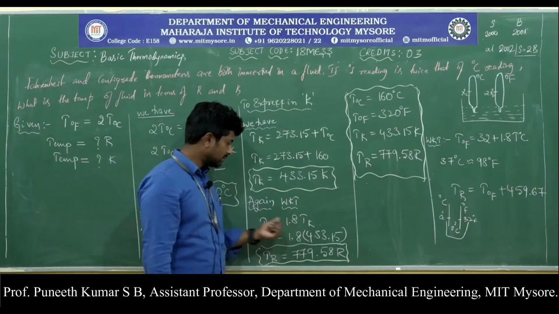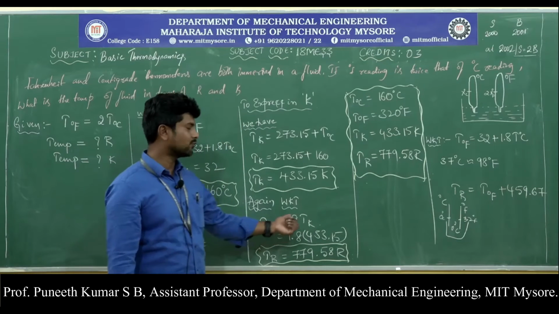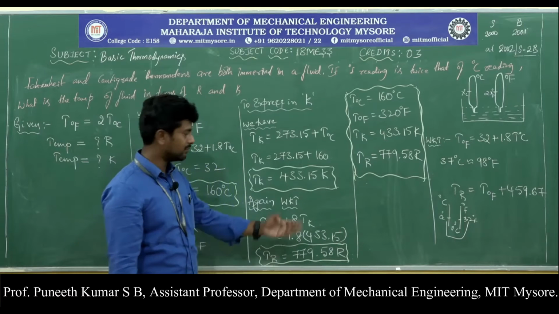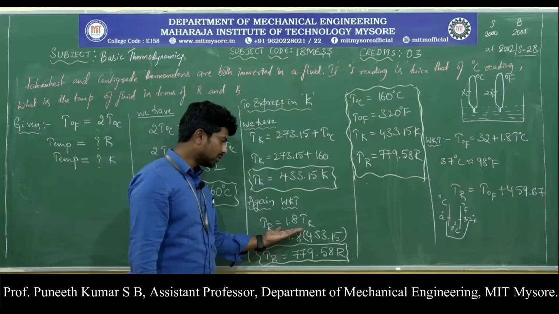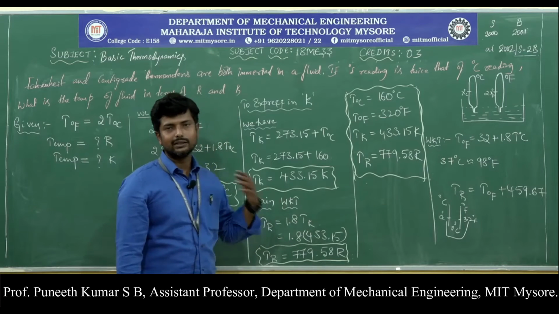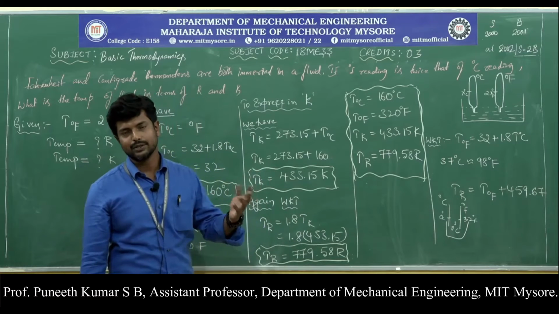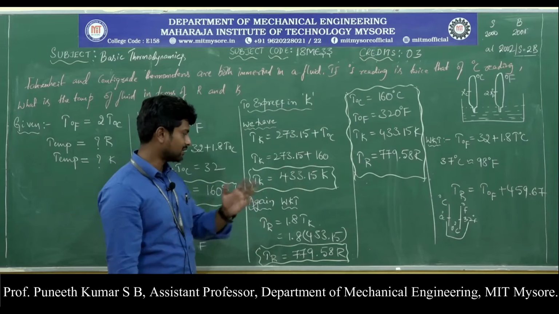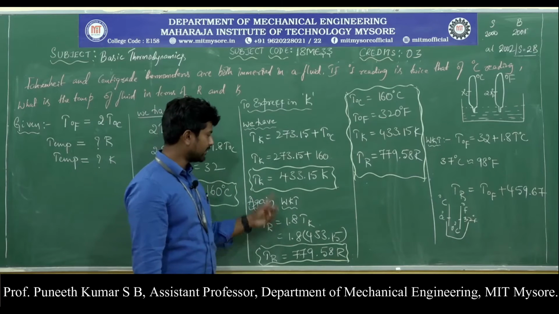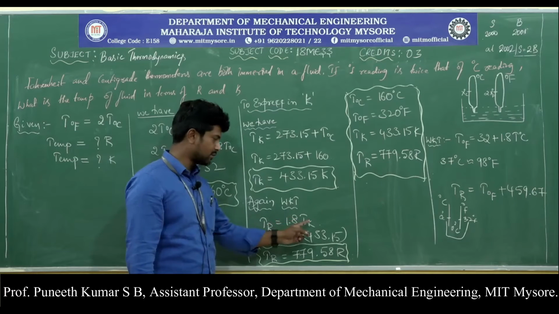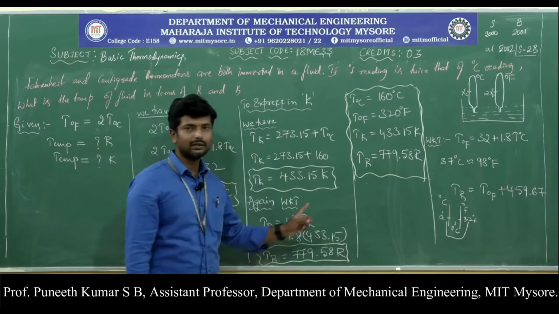the relation that T degree Rankine is 1.8 times the T degree Kelvin. This is also a very well known equation which my colleague has already discussed during the expressions of various types of temperature scales and their relations. Once I know it in Kelvin, I can easily convert this into Rankine just by multiplying it by 1.8.